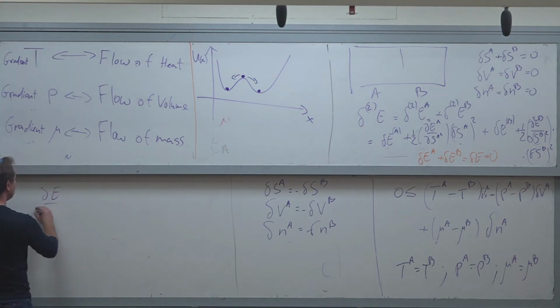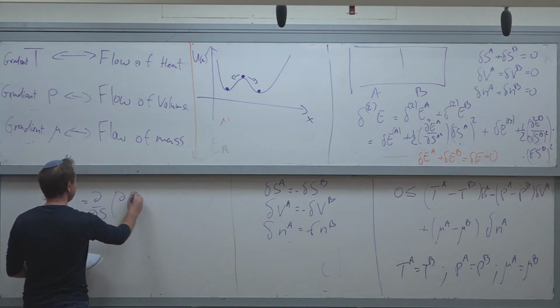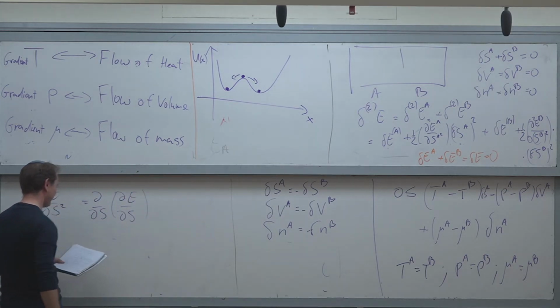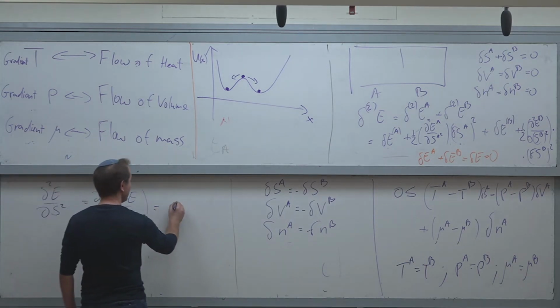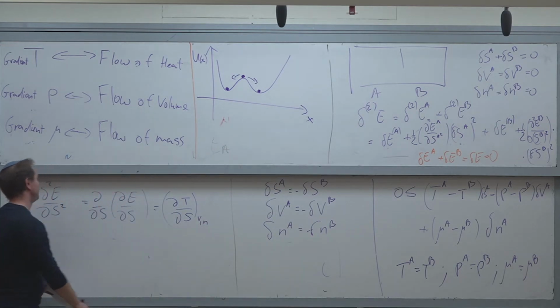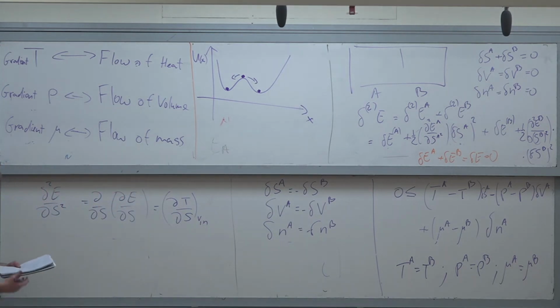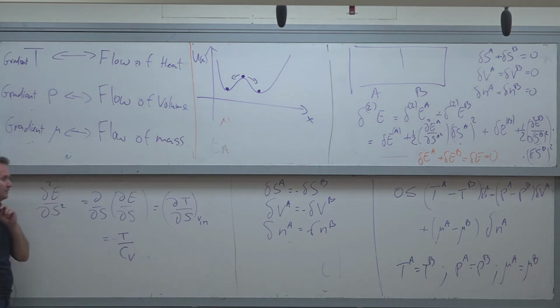The second derivative d squared E over dS squared is d over dS of dE over dS. dE over dS is T, so we have dT over dS while keeping V and N constant. Now dT over dS is related to the heat capacity. It's simply T divided by C_V.